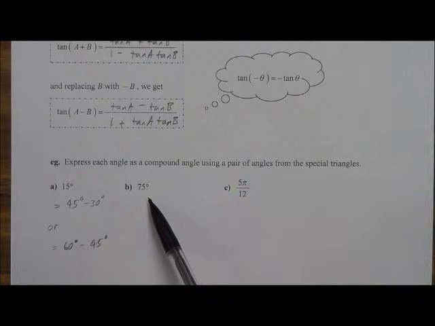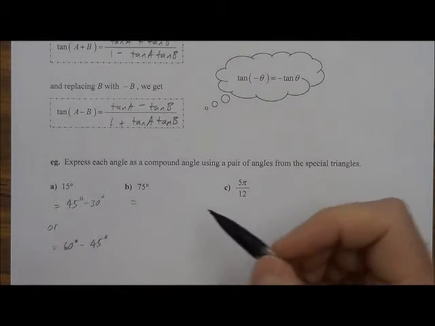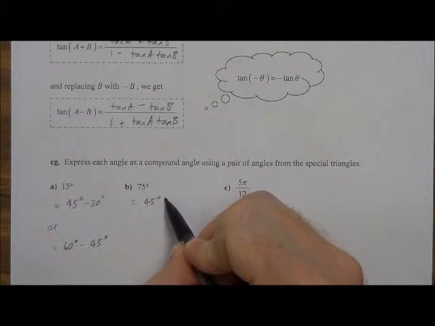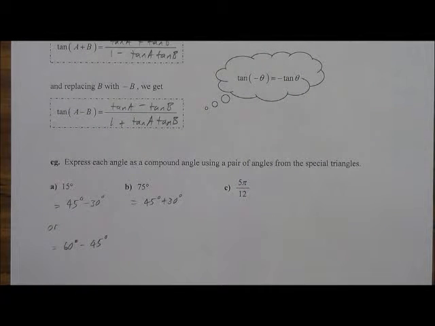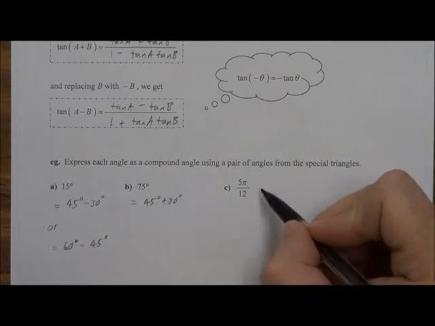For 75 degrees, we can do the same kind of thing. Think about that for a second. And we see that that can be made up of 45 degrees plus 30 degrees. And then 5 pi by 12. The radians are a little bit more challenging, but still, of course, doable.